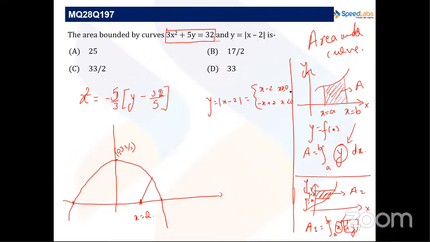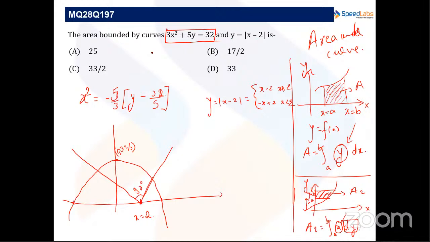For x greater than equals to 2, we have y equals to x minus 2, so the slope is 1. This will be the line. Here the slope is minus 1, so this will be the line.